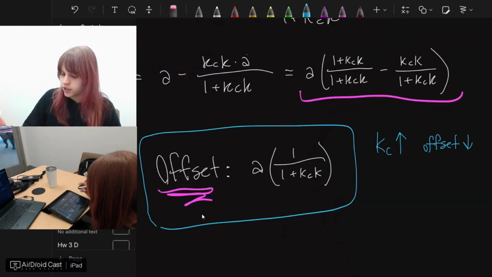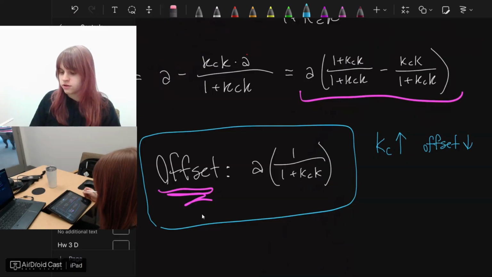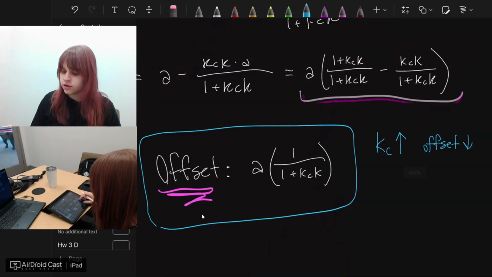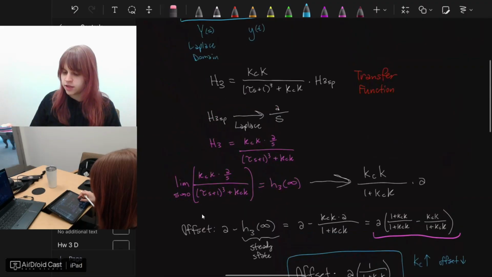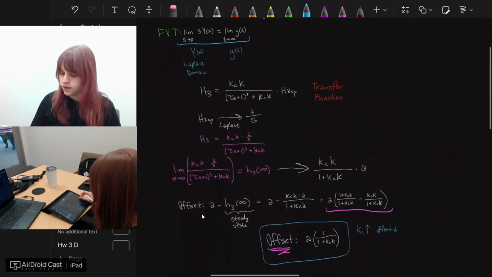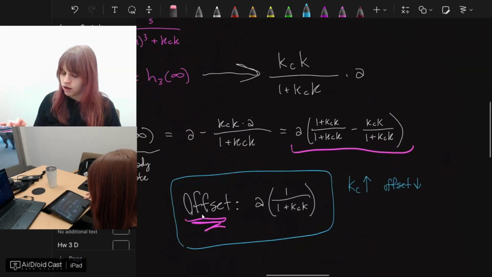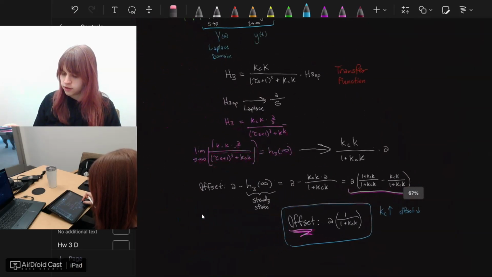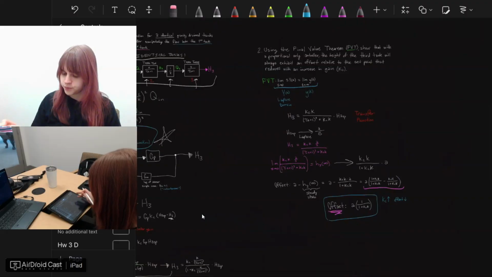But sometimes, depending on your simulation, that can make things unstable, so that's why we introduced in previous homeworks some other controllers, particularly the integral controller. But for now, this is okay. This represents our offset in the Laplace domain.